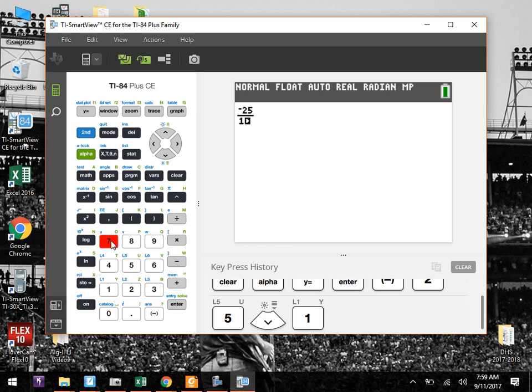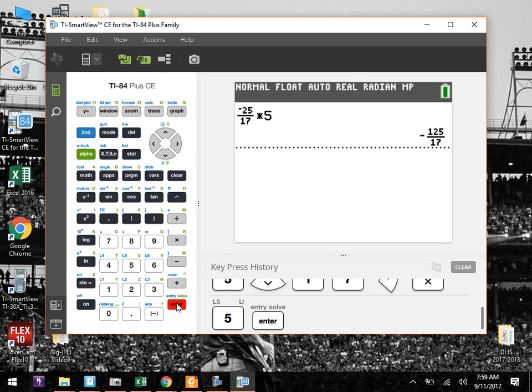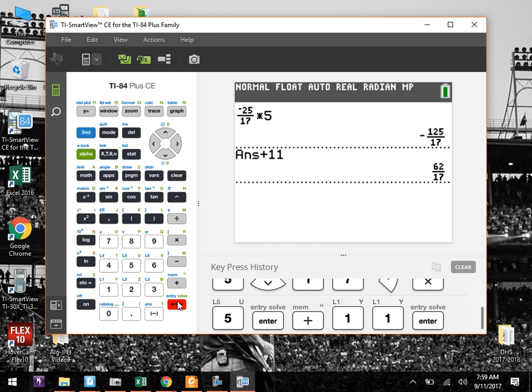Over 17. So we have to multiply that times 5. Gives me another fraction, plus 11. Gives me my fraction. Now, what's nice with these calculators, if you use the fraction bar, you'll get fractions back.